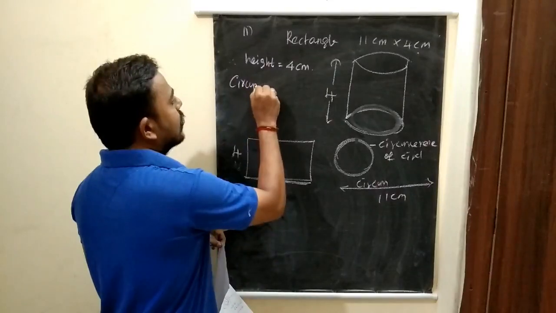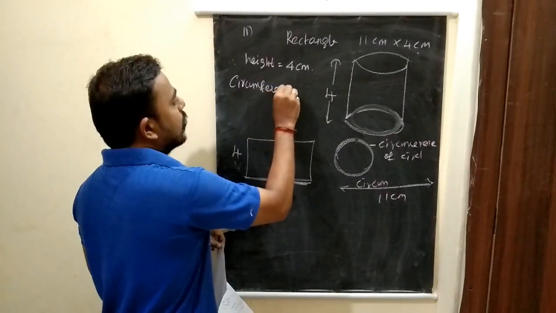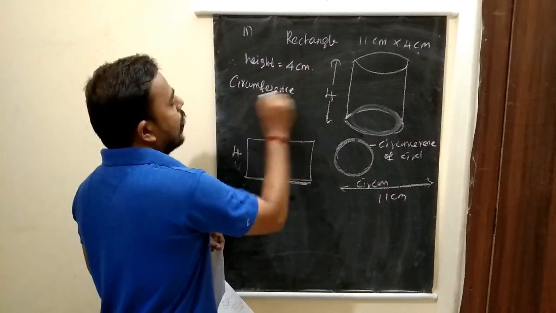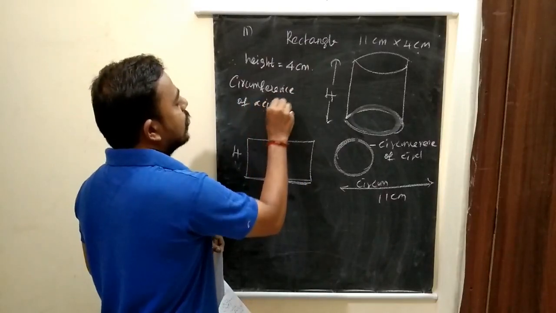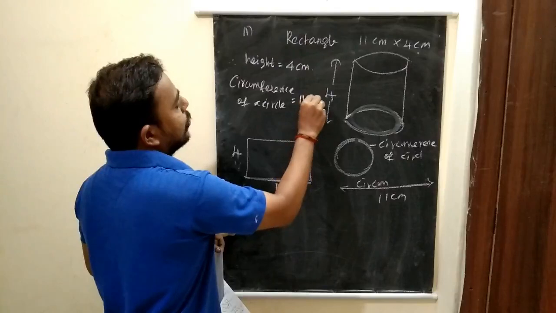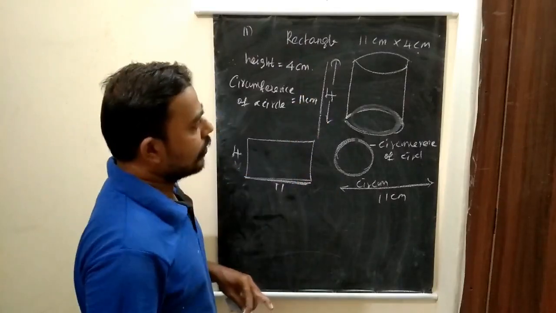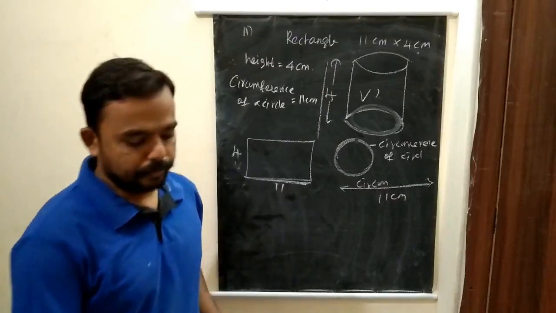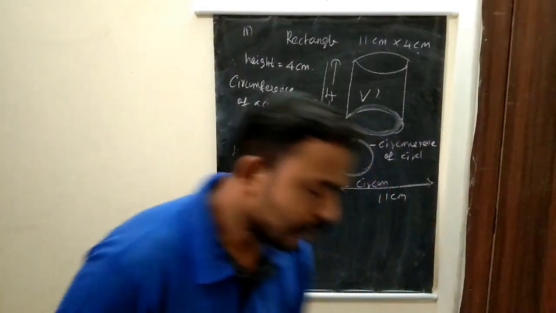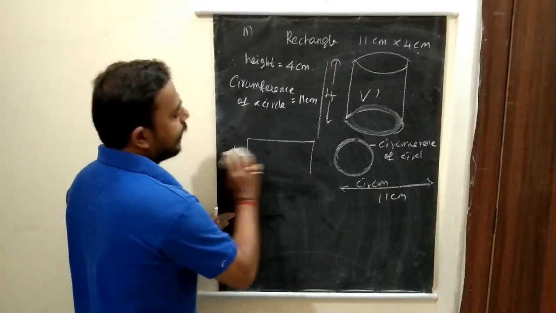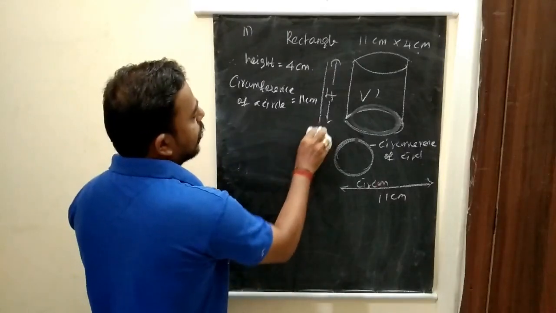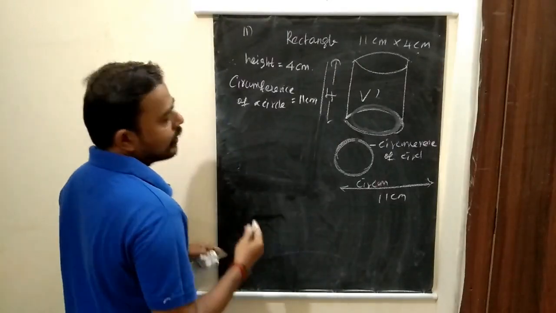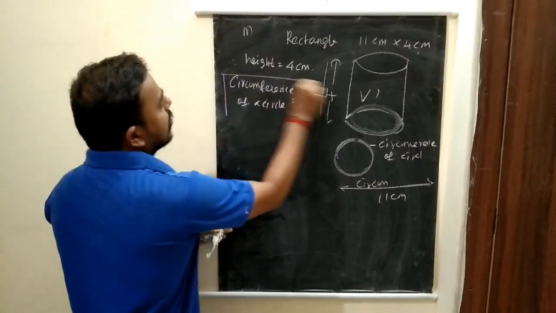So circumference of a circle equal to 11 centimeter is given. Now we need to find the volume of this particular cylinder. How to find that volume? By using height and the radius. Here height we know, but how to find your radius?